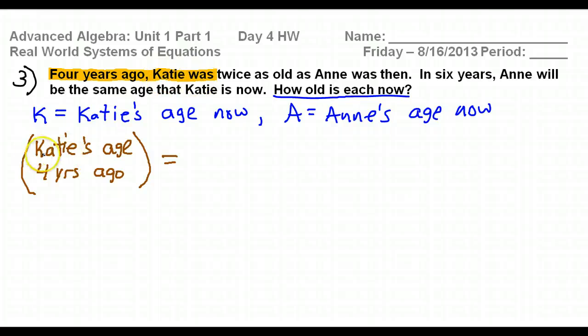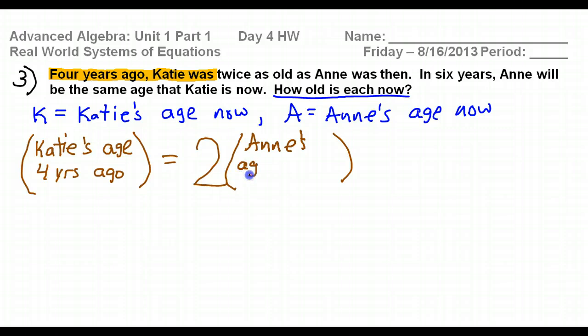Katie was, in other words, Katie's age 4 years ago. And it equals twice as old as, so 2 times twice Anne's age 4 years ago.